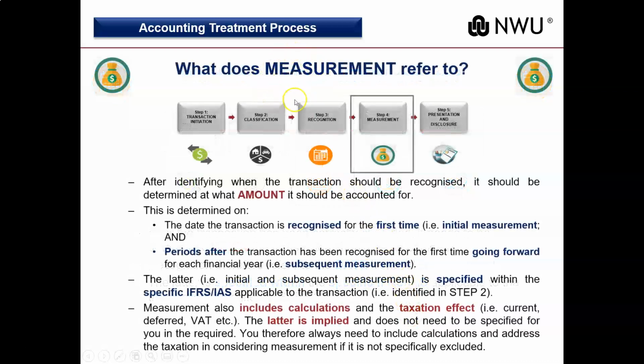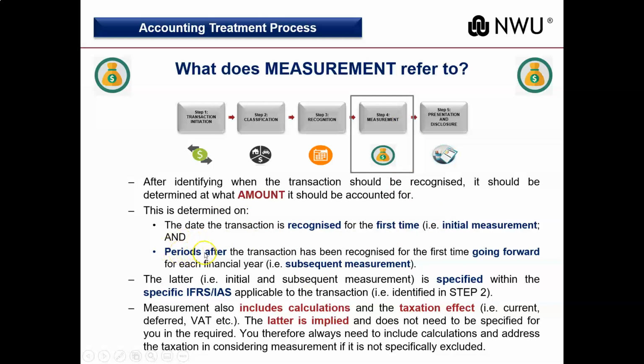Right, now measurement, and it seems that there's quite a lot about measurement that we have to take into consideration. There is initial recognition of a transaction, that is when a transaction is recognized for the first time.